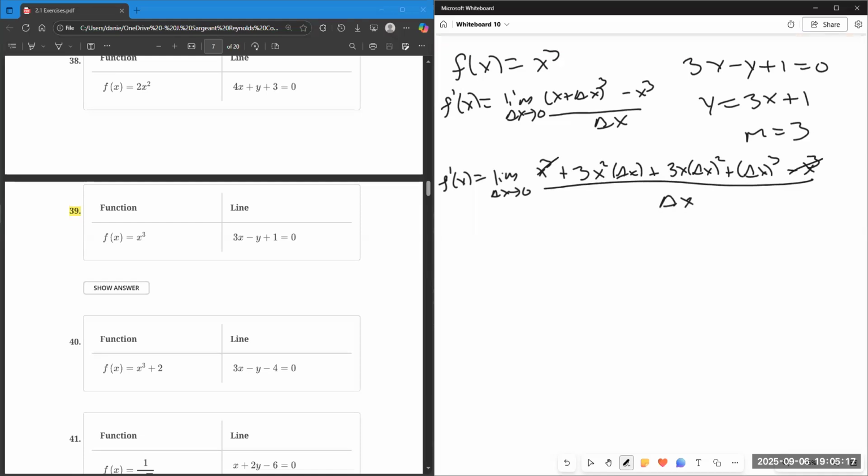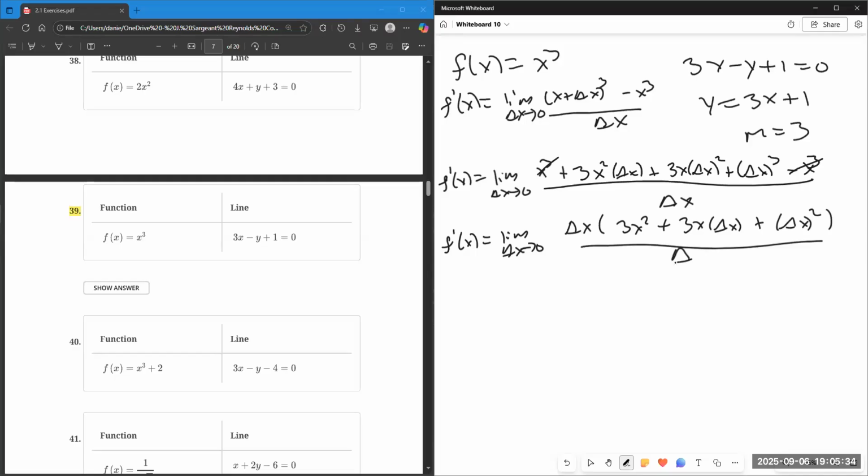And so f prime of x is the limit as delta x goes to 0 of delta x times (3x squared plus 3x delta x plus delta x quantity squared) over delta x, and these will cancel.